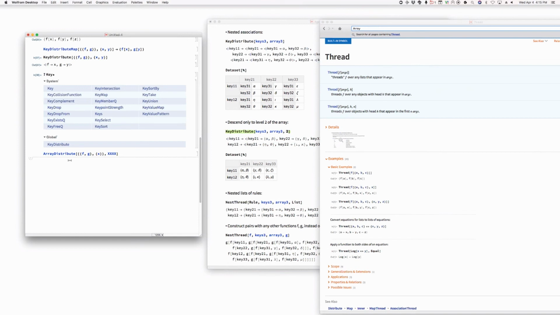Let's just talk for a second about array distribute. And what would it say? It would say distributes the keys. It would say creates a nested association by distributing the sequences of keys over the array, over successive levels in the array.